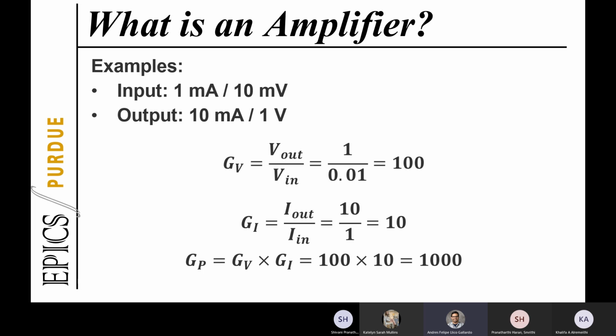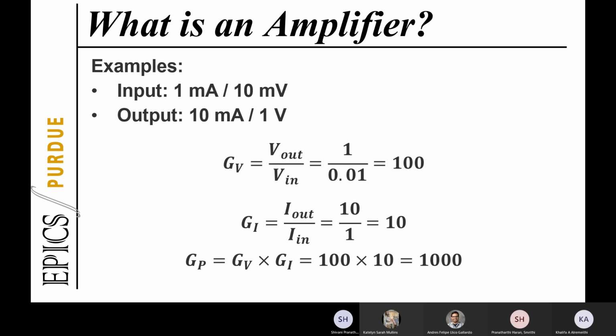But as you can notice here, this can scale up pretty quickly. If we were to have, let's say, a current gain of 100, then this ratio for the power is going to go to 10,000, and if we keep increasing, this number can get really big.